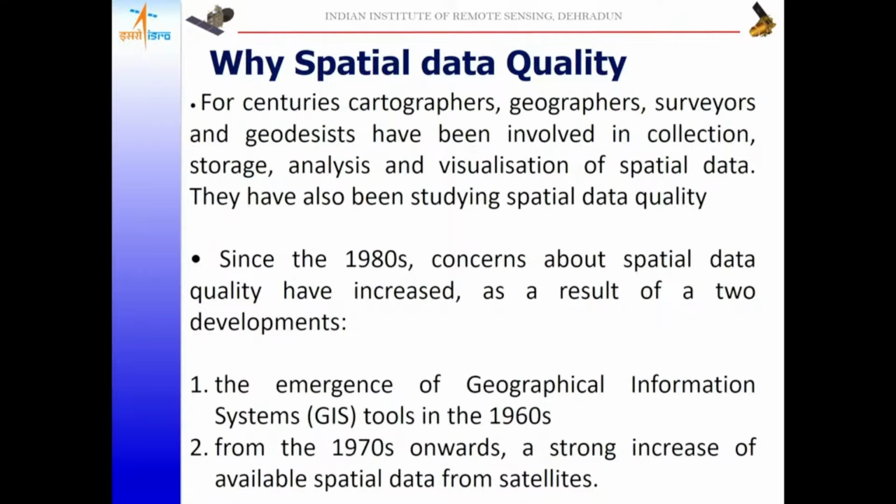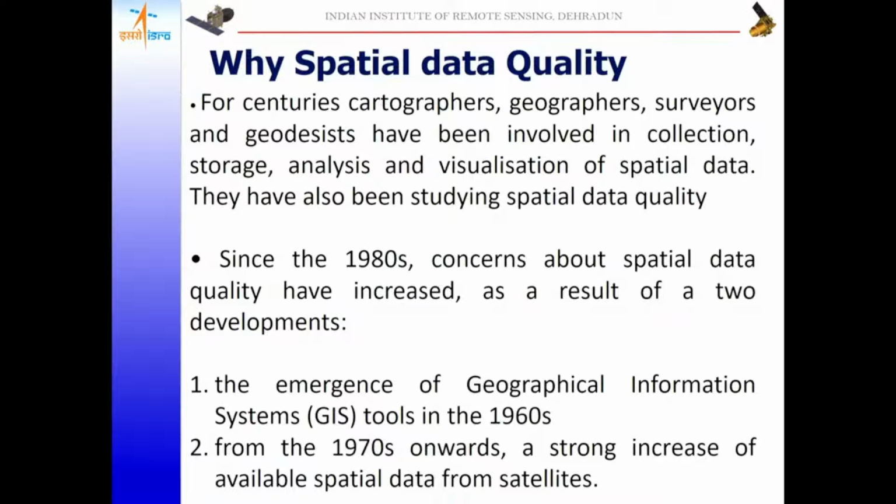Now the other question: why do we have to do spatial data quality? It is an important thing. For centuries, cartographers, geographers, surveyors, and geodesists have been involved in the collection, storage, analysis, and visualization of spatial data sets. They have also been studying spatial data quality.